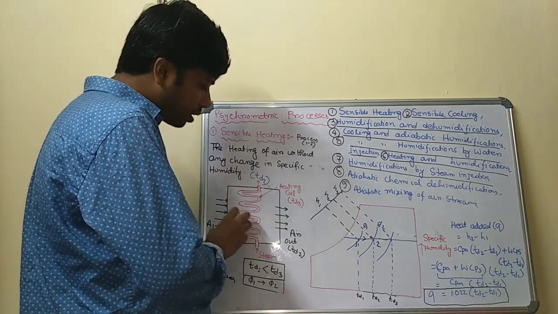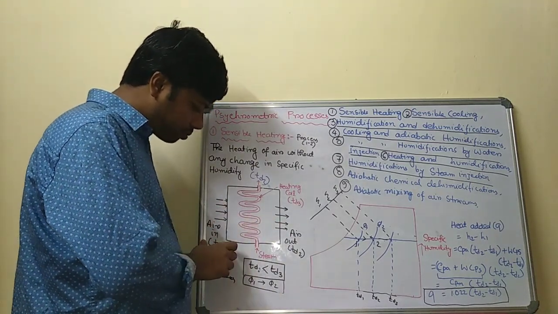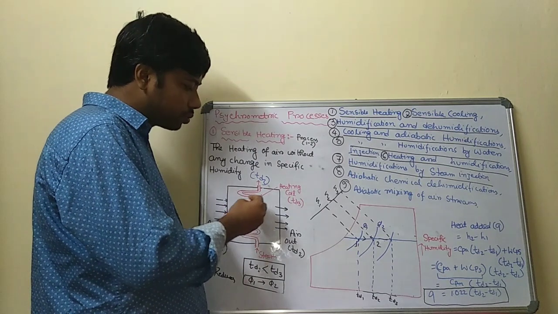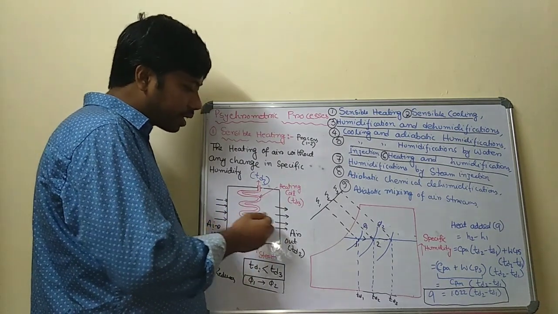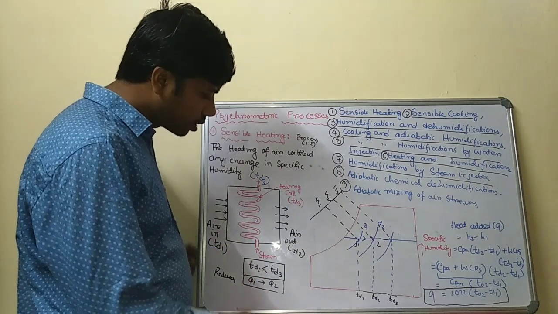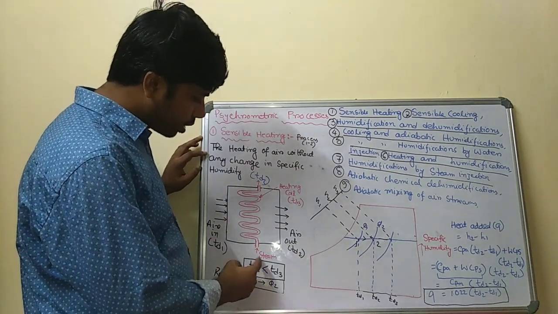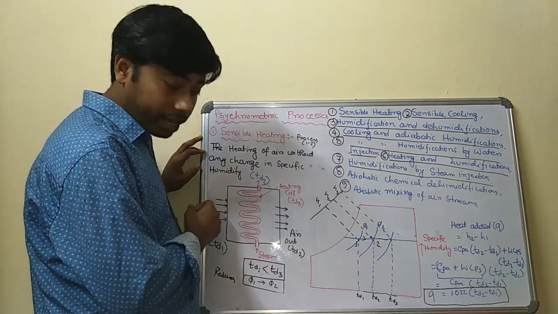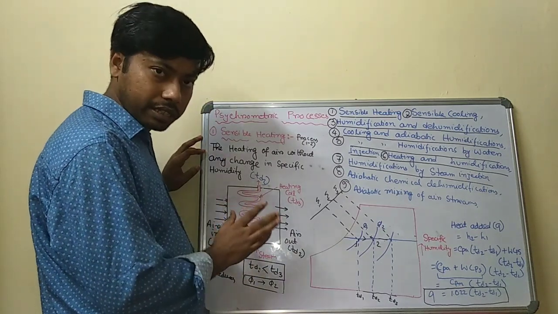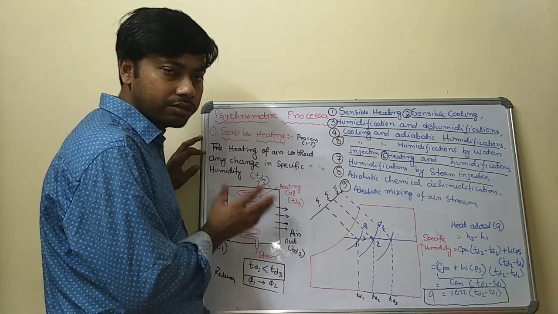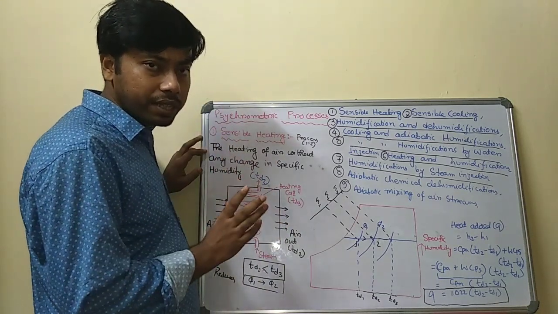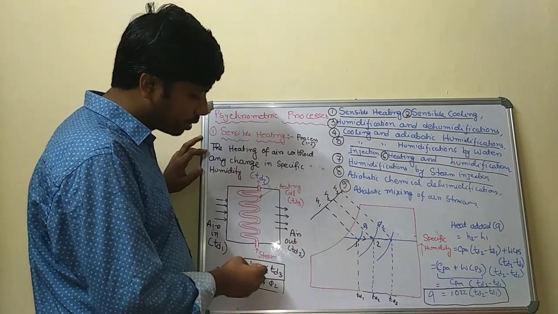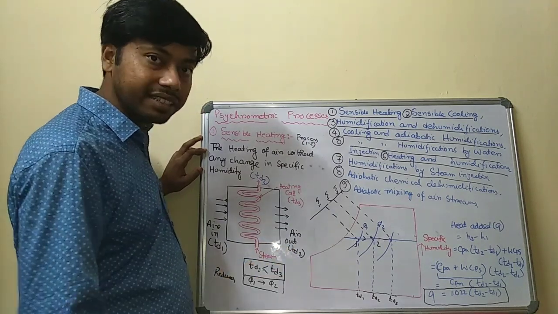If some portion of air at TD1 temperature contacts the heating coil, the temperature of the air after passing through is TD2. TD3 is the dry bulb temperature at the heating coil. Obviously TD3 is greater than TD2, because only some portion of the air contacts the coil. That's why the effectiveness of the coil matters, and the air which passes through the heating coil will be at TD2, which is less than TD3.